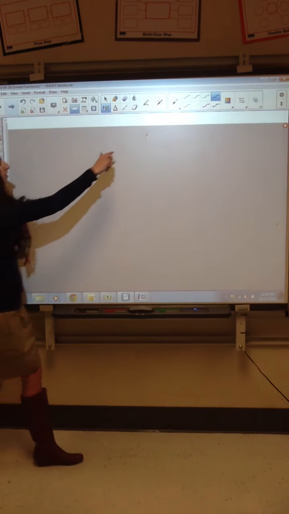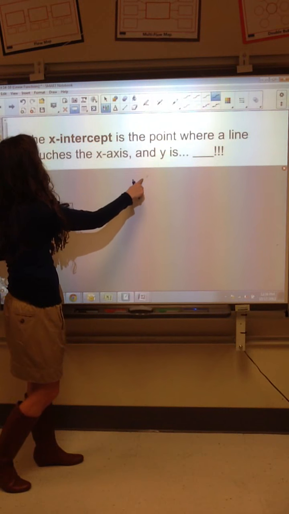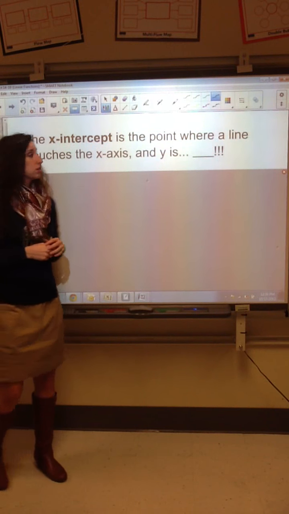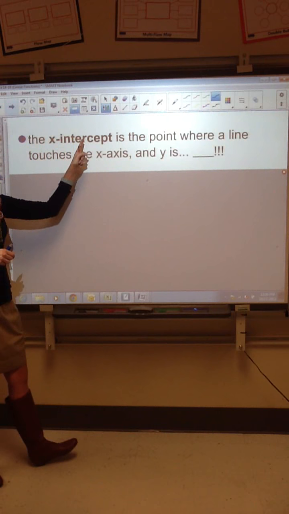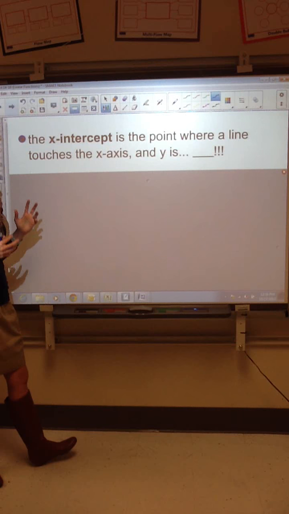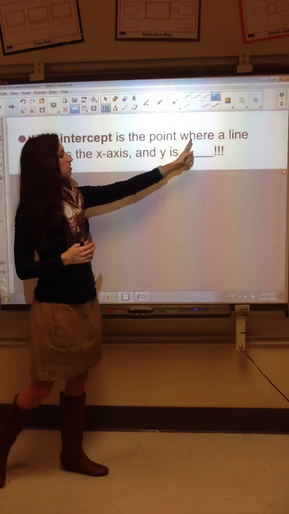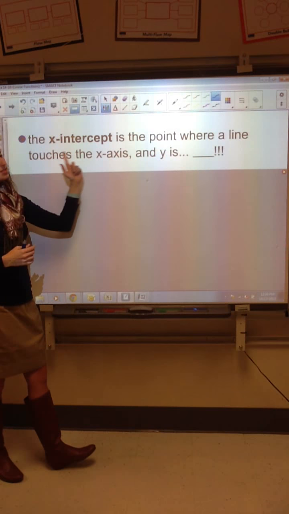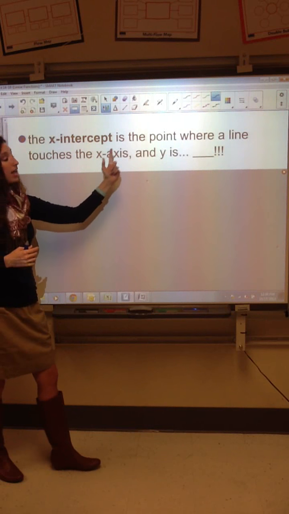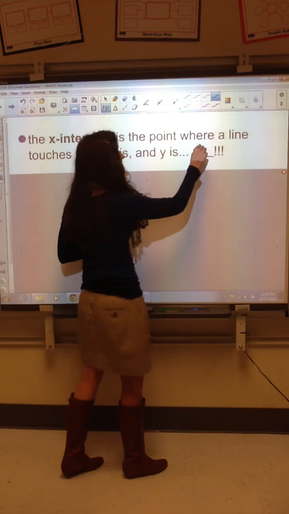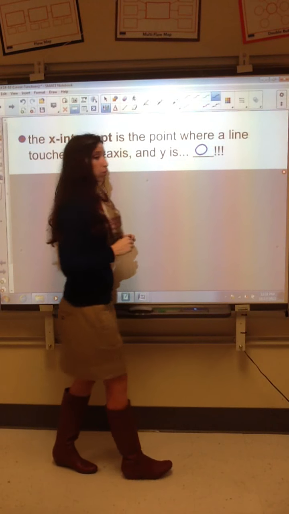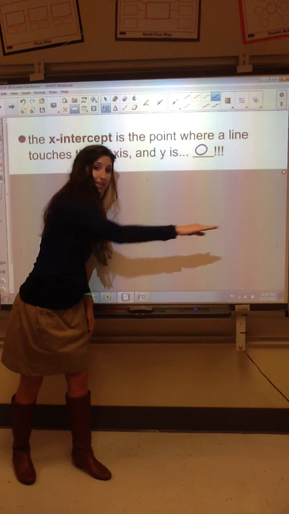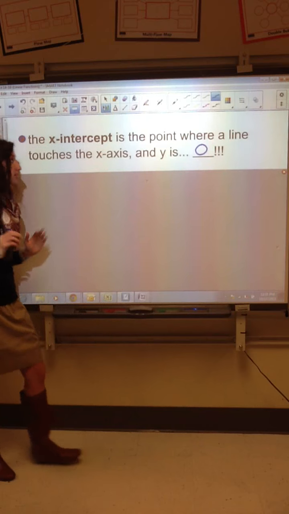The next thing we're going to do is fill in our blank. The x-intercept, we just talked about it, the x-coordinate, is the point where a line touches the x-axis and y is 0. Remember, if it is on the x-axis, y is 0.